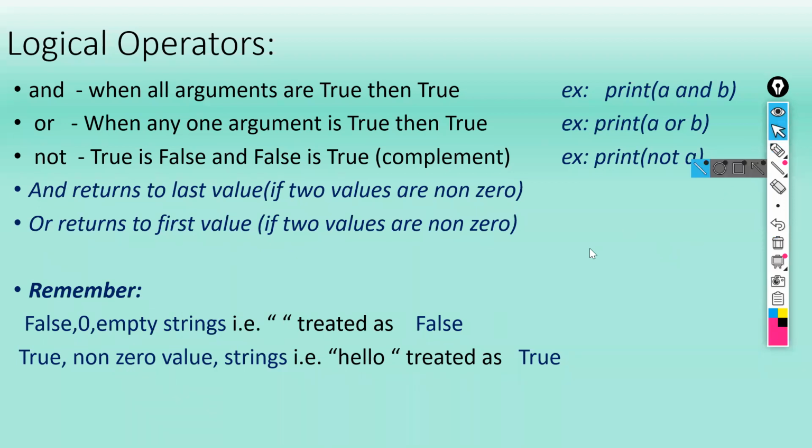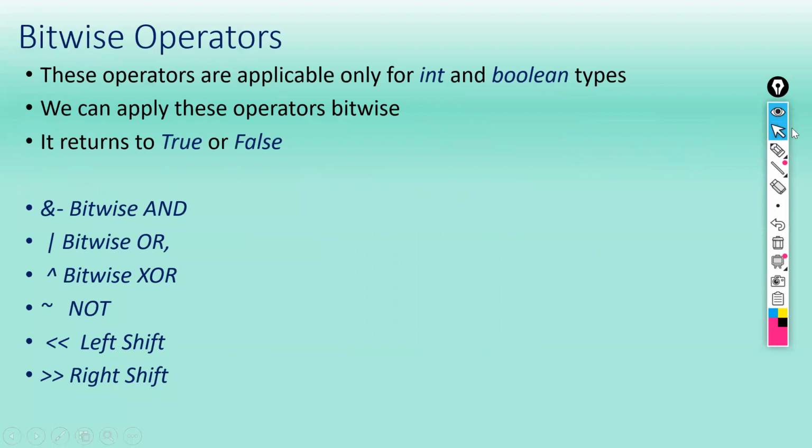Next one is bitwise operators. Here we had logical AND in the previous slide, and now we have bitwise AND. Here the values are operated on bit by bit.